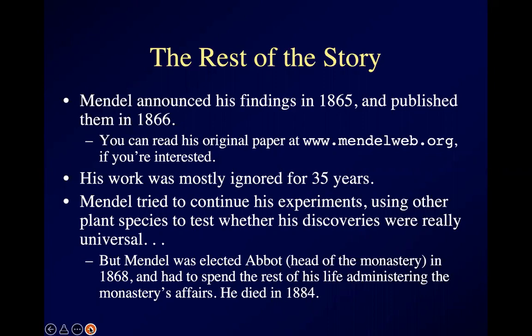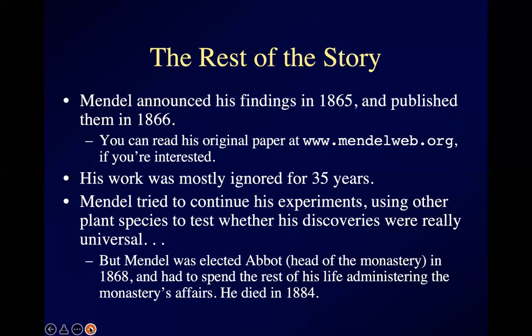He did send copies of his work to other people, but they didn't really understand what he'd done. And his work was mostly forgotten for the next 35 years. He did try to keep going, trying to study inheritance in other species of plant to try to test whether his discoveries were really universal. Unfortunately, he got kicked upstairs.